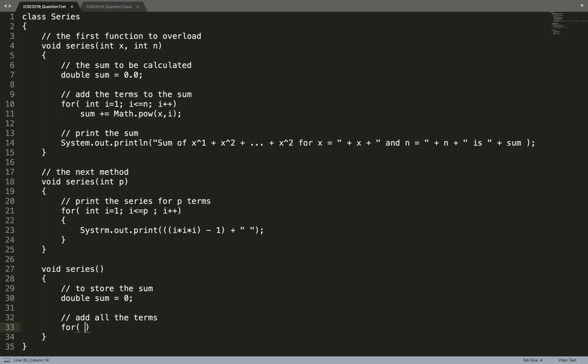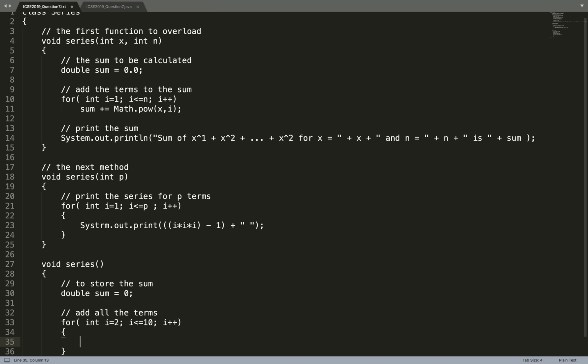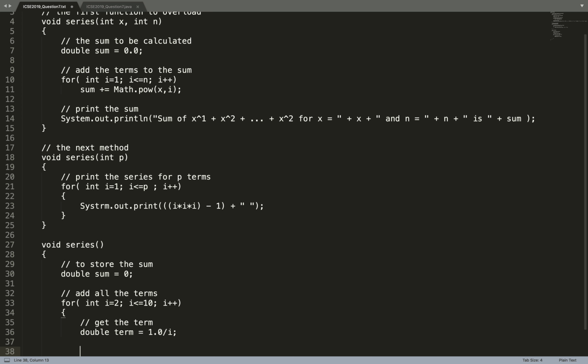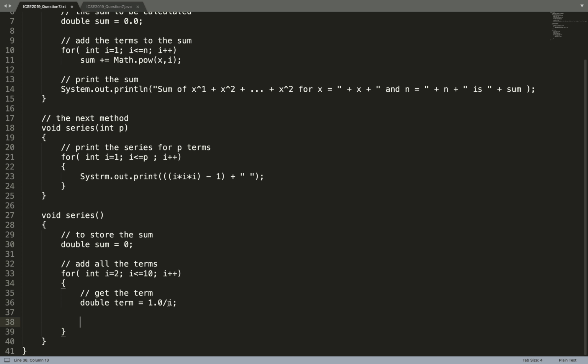Okay, for int i is equals to 2, since we begin with 2, i is less than equal to 10, i plus plus. Get the term, so double term is equal to 1.0 by i. And I am dividing a double by an integer value, because otherwise if I divide 1 by i I would get 0. Integer division of 1 by 2, 1 by 3 would all give me 0, and my sum would come out to be 0. So I'm taking this term as double, and I'm dividing 1.0, that is a double value, by i.